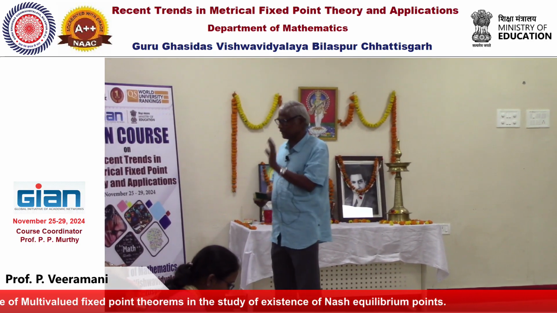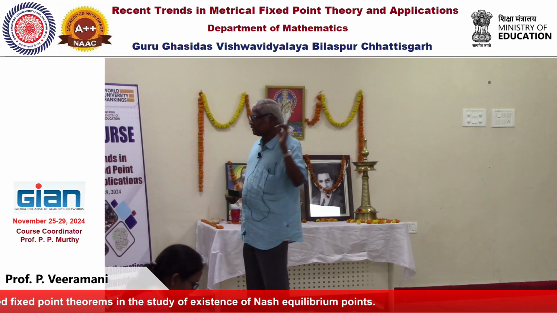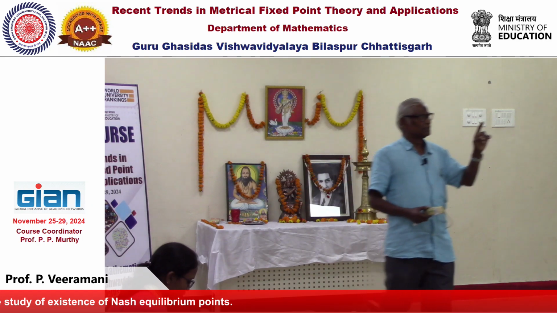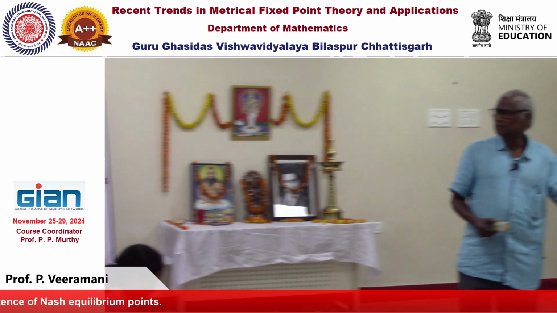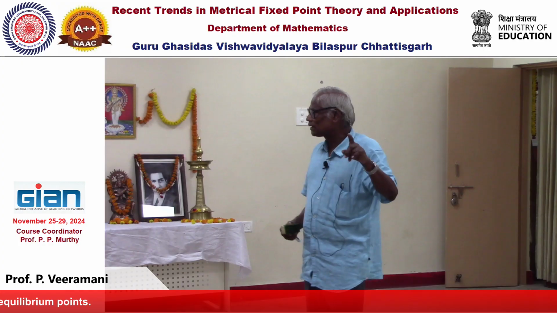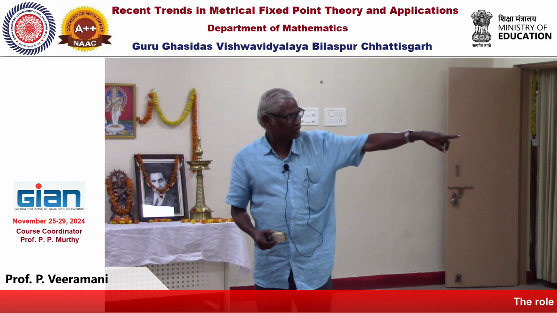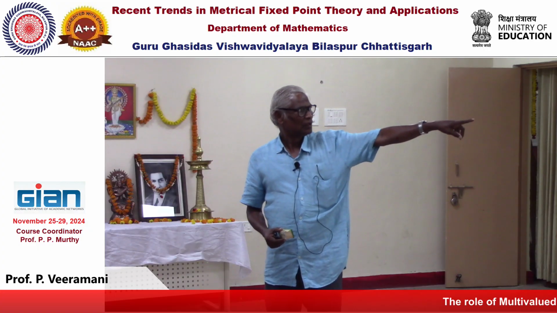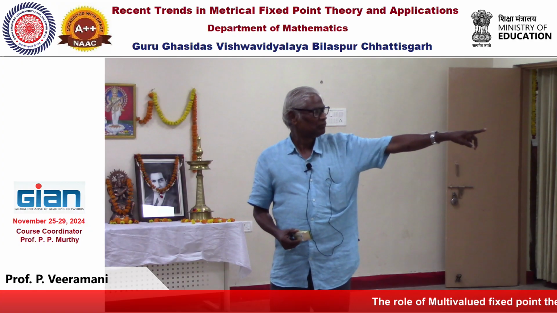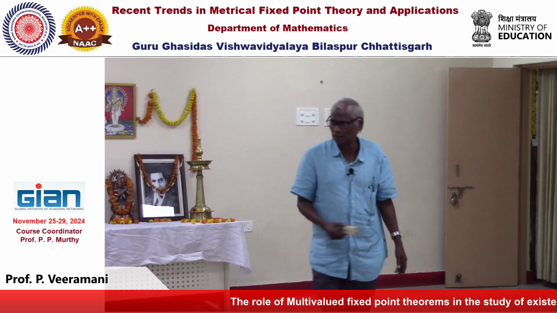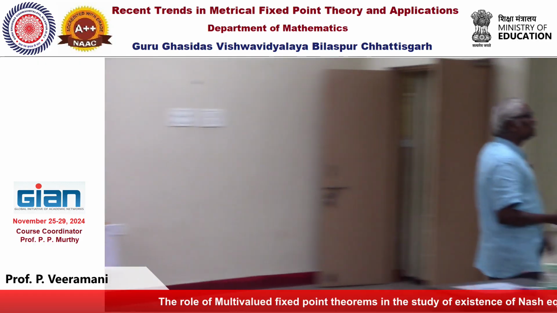Any doubt to anyone? If the first player selects X, then from where will the second player have to select? He is going to select from the T1 of X.